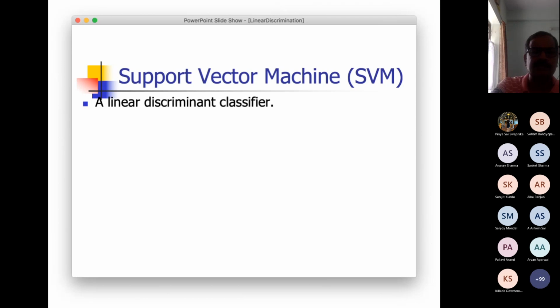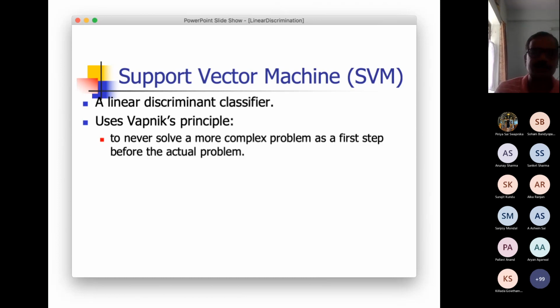As I was discussing, we are discussing the support vector machine, and we will be considering a linear discriminant classification. Of course, this is the principle: never solve a more complex problem as a first step before the actual problem.